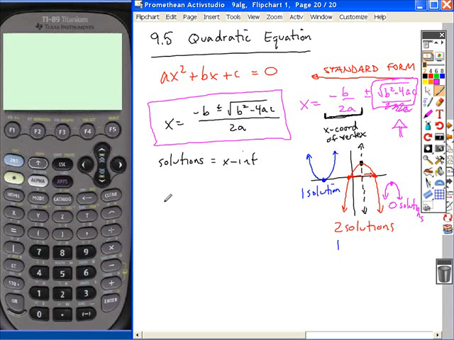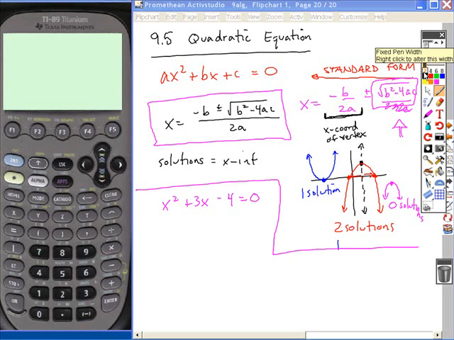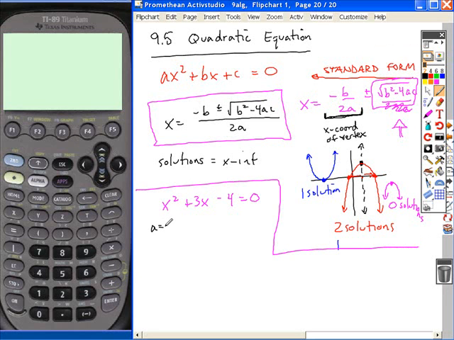And so if I ask you to solve this equation using your calculator, are you going to plug it into the quadratic equation? You could. If you did, what would the A value be? 1. What would the B value be? Positive 3. And the C value would be a negative 4.